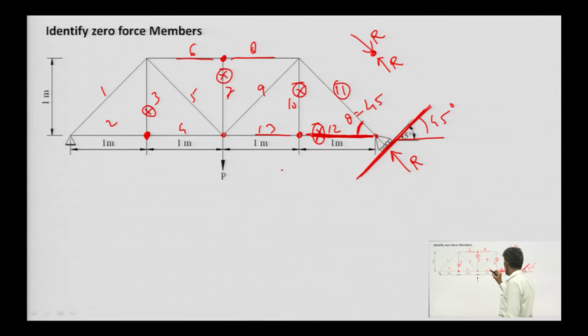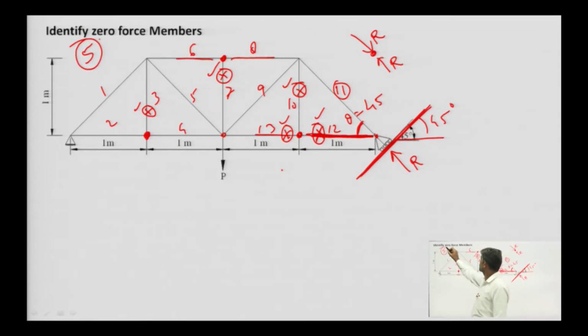That member will also not have any force. So, the number of members which have 0 force are 1, 2, 3, 4, 5. Okay, 5 members are there which have 0 force.